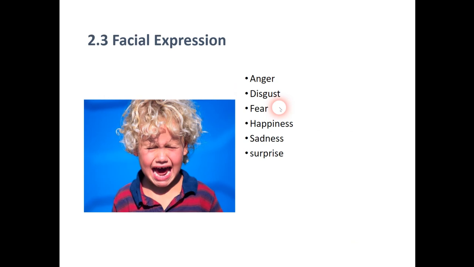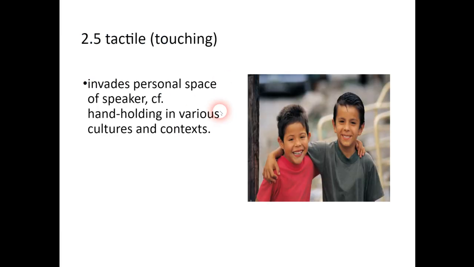Facial expression can show your anger, your distrust, your fear, happiness, sadness, surprise. Eye contact: you can look at the duration of the eye contact, whether it shows respect or whether it is an expression of confrontation. Touching is also very important.